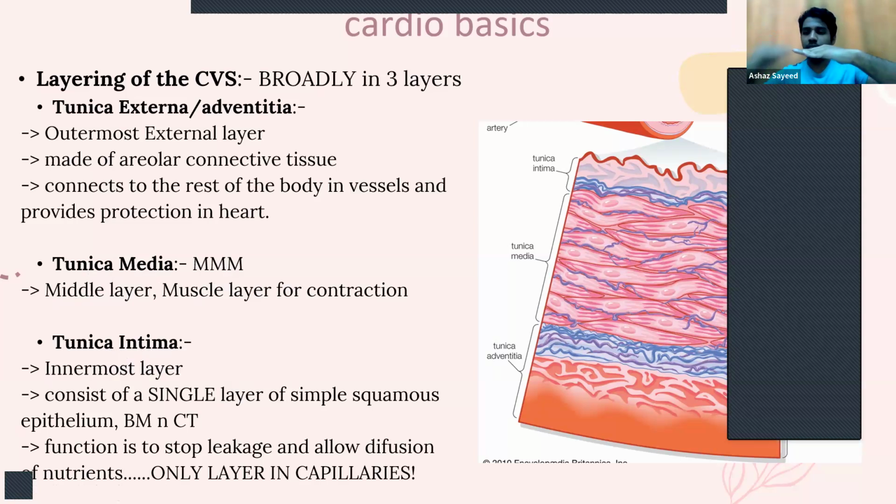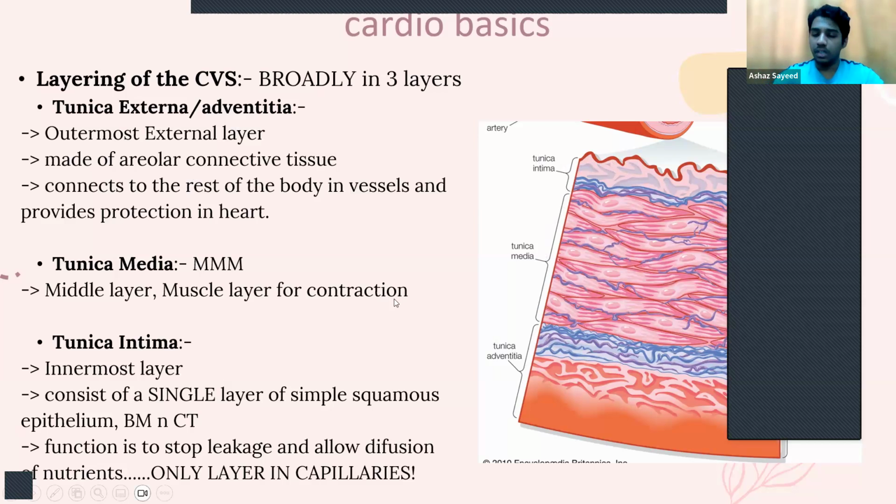Under the epithelium, you have the basement membrane on which the epithelial cells lie, and then you have connective tissue. You can see right here, this red line where my arrow is pointing is the epithelium with the basement membrane, and the pink region under it is where your connective tissue lies.